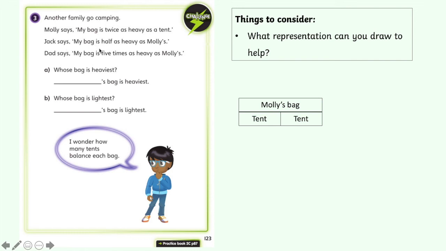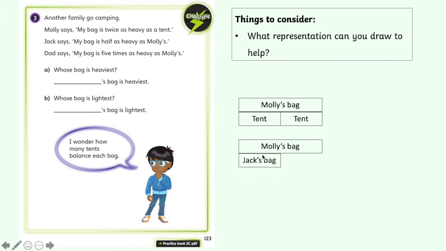Jack says my bag is half as heavy as Molly's. Well, this is easy. We can draw this out again. Here's Molly's bag and here's Jack's bag. And you can see straight away just by looking at it, Jack's bag is half as heavy as Molly's. So at the moment, Molly's bag is the heaviest and Jack's is the lightest.